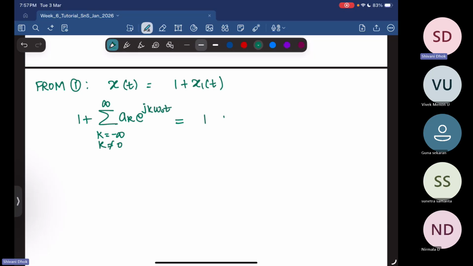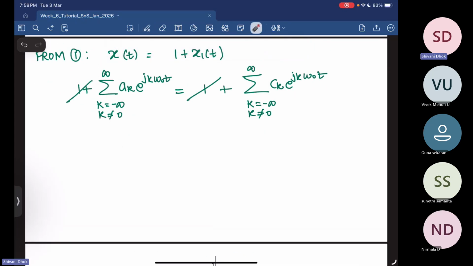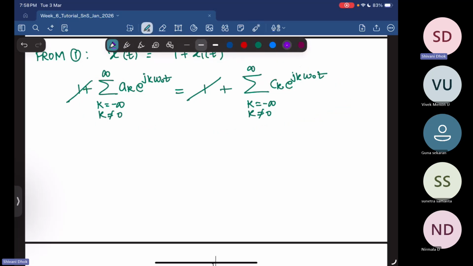This is equal to 1 plus summation k running from minus infinity to infinity k not equal to 0 ck into e power j k omega naught t. So this one and this one get cancelled. And what we can see by observation here is these two equations should be equal when ak is equal to ck. So we have ak equal to ck for all k such that k is not equal to 0.